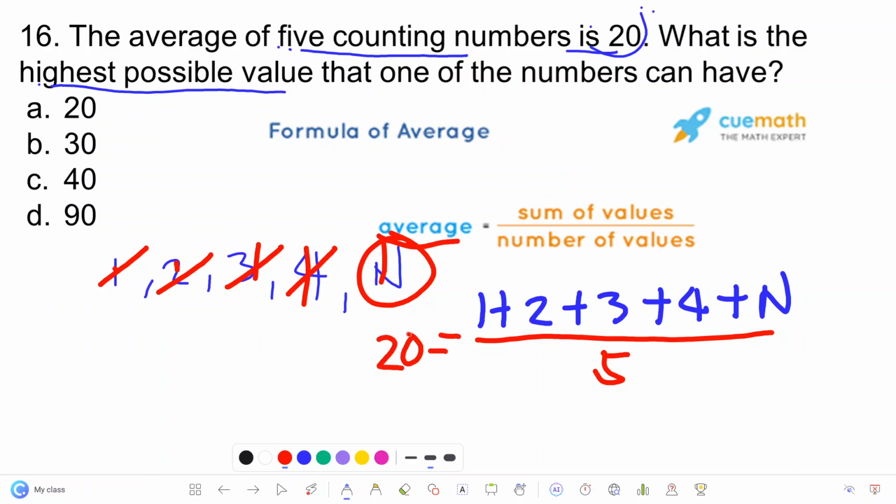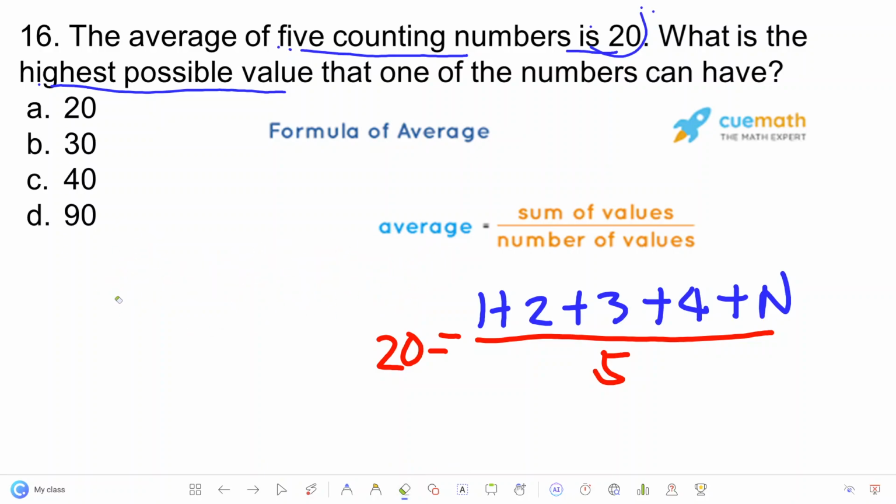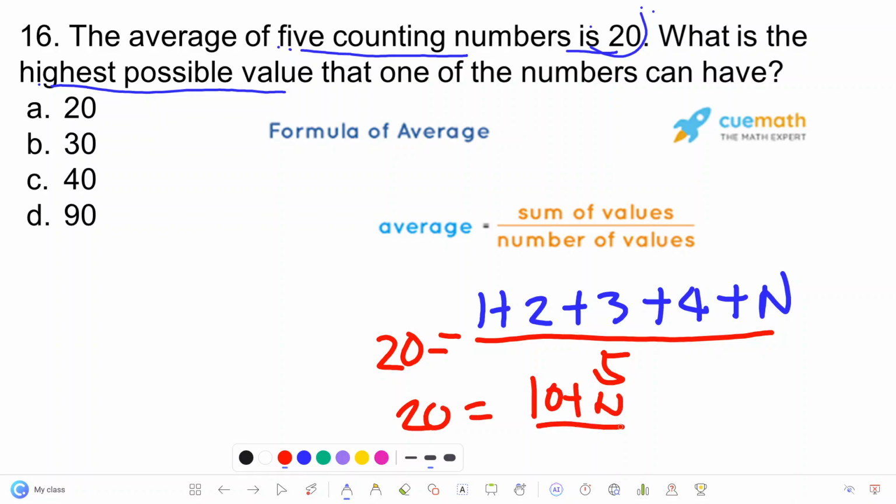So, ito na ang magiging equation natin. So, now, let's try to solve. 1 plus 2 plus 3 plus 4 is equal to 10. 20 is equal to 10 plus n over 5.